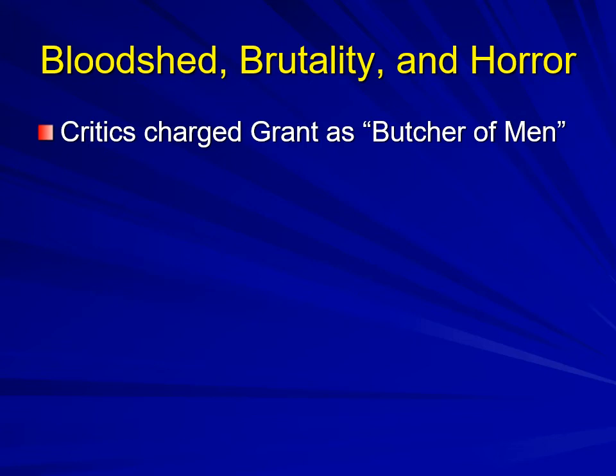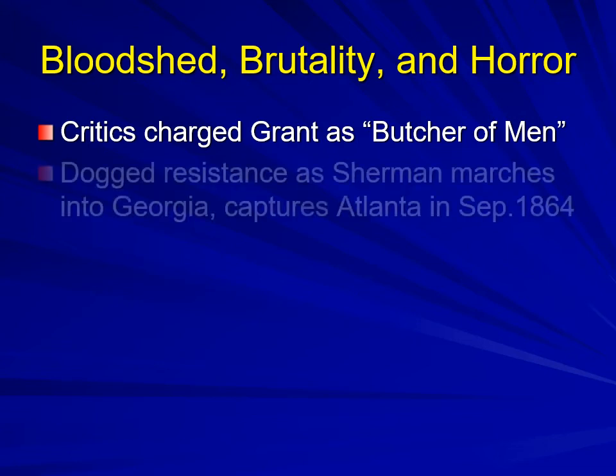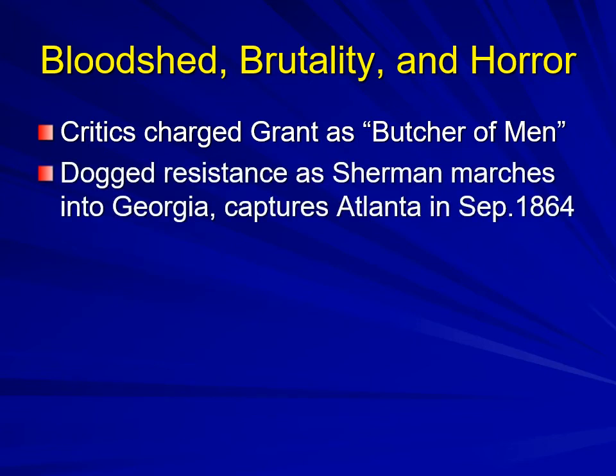And part of the reason why Lincoln and Grant are convinced to fight in this fashion is the absolute dogged resistance of Southerners who are now fighting for everything they hold dear. Here again, a lot of the insights that we developed early in the class help us understand why 1864 is this nadir, this low point in the war, one of the hardest moments in our history.